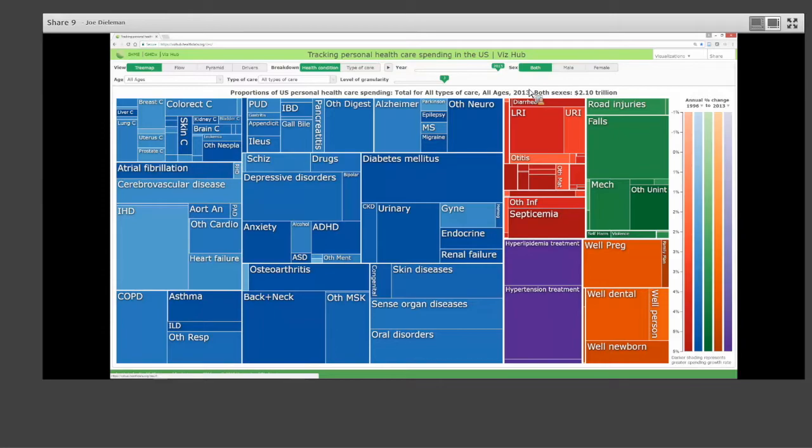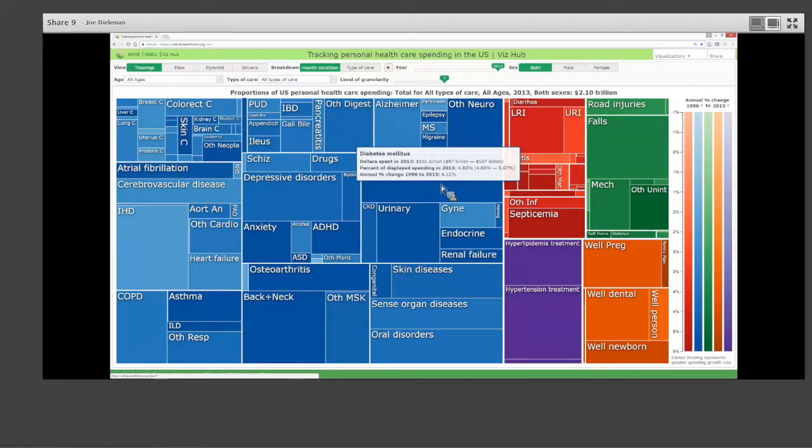We found in our study that we spend more in 2013 on diabetes than any other health condition. The total amount is $101 billion in 2013, just spent on diabetes. And that is growing at an annual rate of 6.1%.